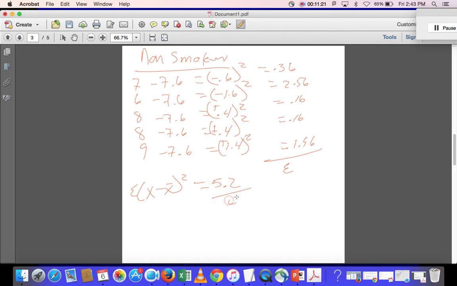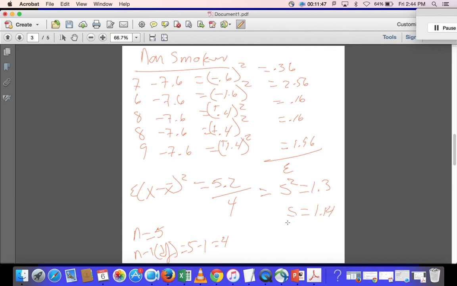We're going to divide that again by 4 because remember, my sample size was equal to 5. Again, my denominator requested n minus 1, so my degrees of freedom equal 5 minus 1, equaling 4. So 5.2 divided by 4 is going to equal a variance of 1.3 and a standard deviation of 1.14, sorry.